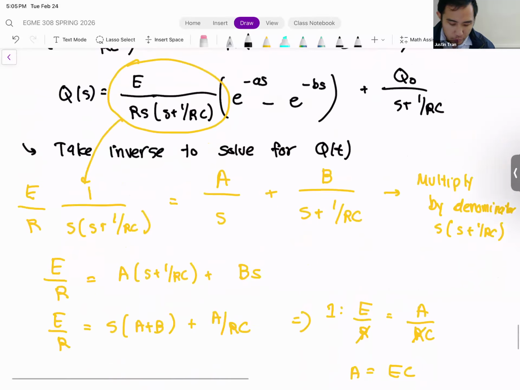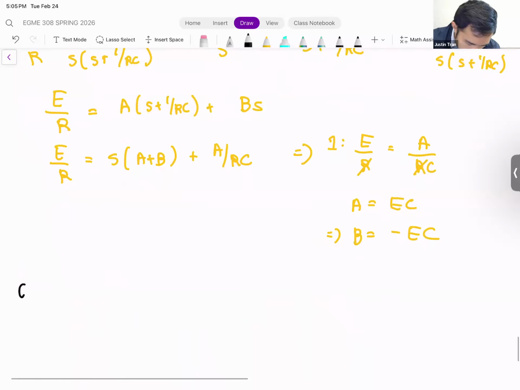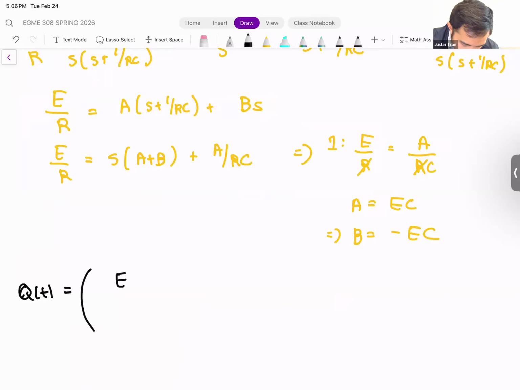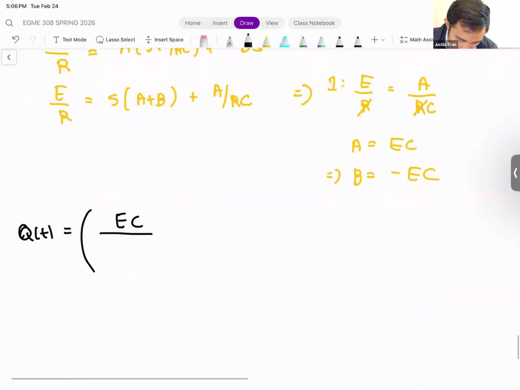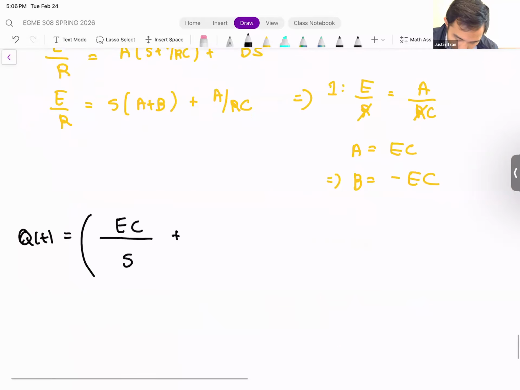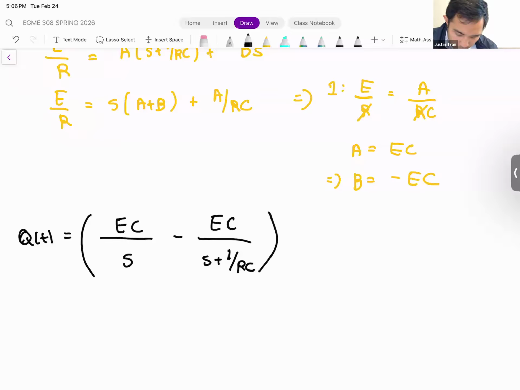So now that we've done our partial fractions, we have Q of T is equal to EC over S, minus EC over S plus 1 over RC. Okay. And then we multiply this by our shifting terms.